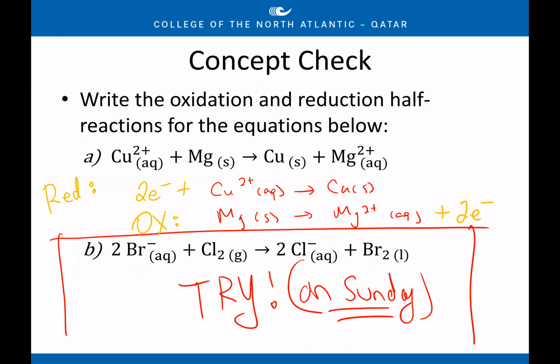So do you guys remember, the heat of the system is equal to negative heat of the surroundings? It's the same thing here. If a chemical loses 2 electrons, something else picks up 2. Electrons cannot be created or destroyed. So we're still following our laws of conservation of energy.